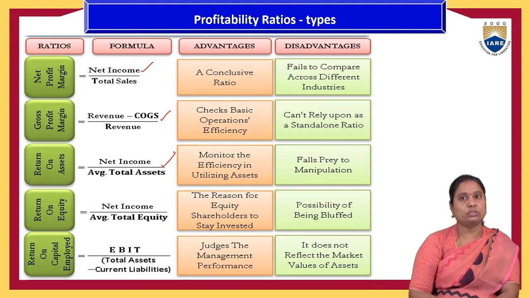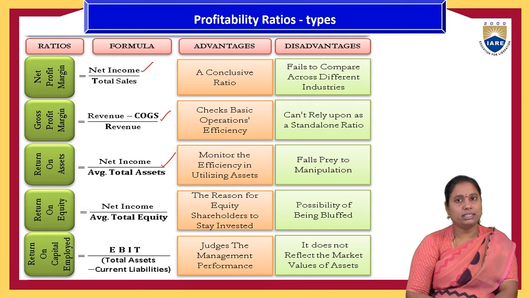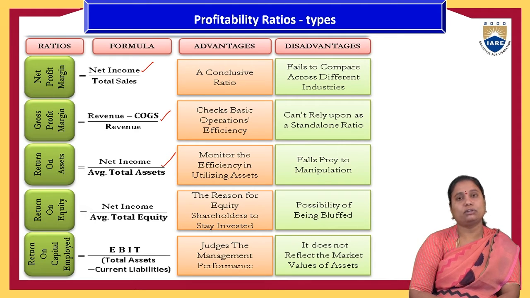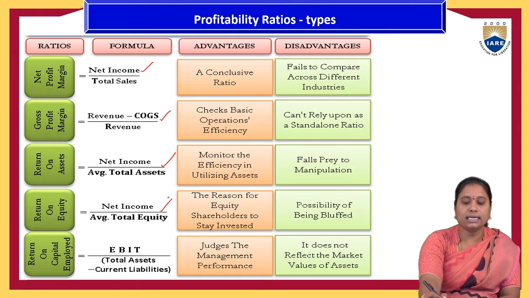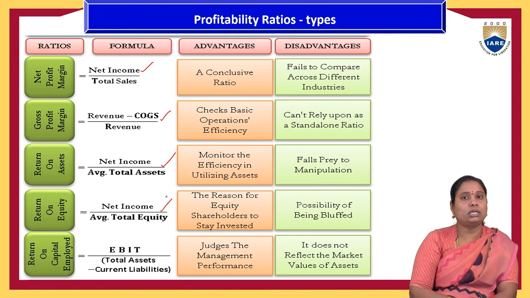The return on assets is calculated with the formula net income divided by average total assets, to monitor the efficiency in utilization of the assets, but it falls prey to manipulation. Any manipulations involved in showing the assets are possible. Return on equity is calculated as net income divided by average total equity gained by the organization.